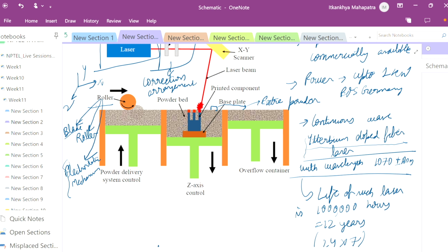But we should take care that the powder particle should be magnetic in nature. Otherwise, it is not possible.